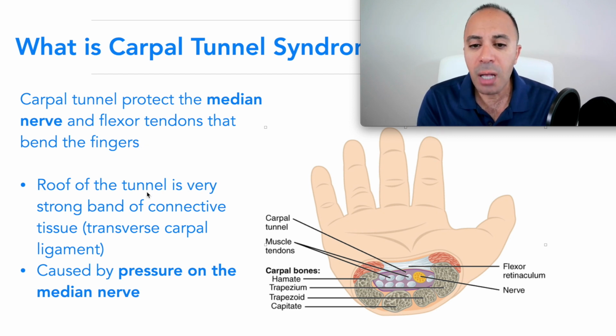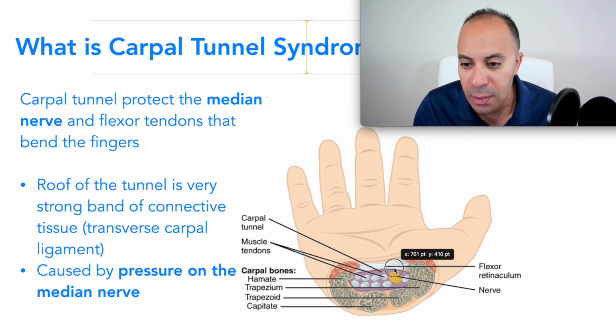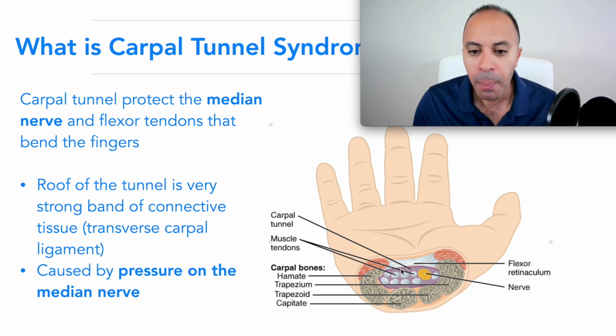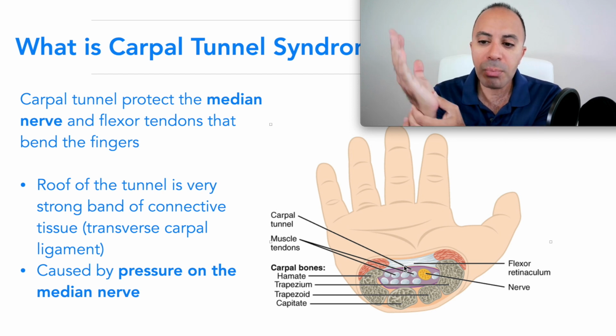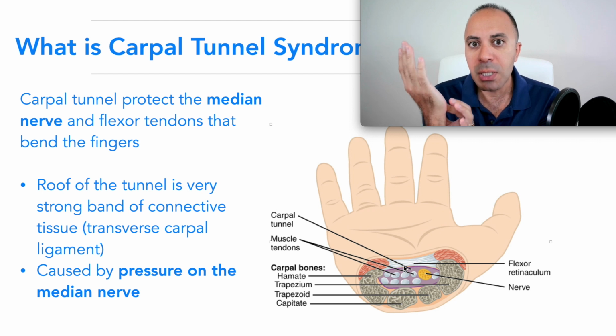The roof of the tunnel is a very strong band of connective tissue called the transverse carpal ligament, and this is the transverse carpal ligament, the white ligament on the top here. You start to have symptoms because pressure builds in the carpal tunnel, pushing on the median nerve.